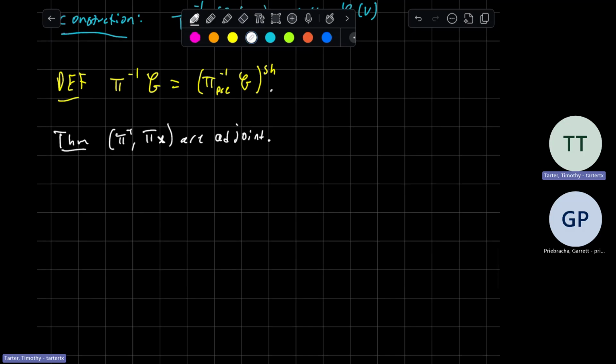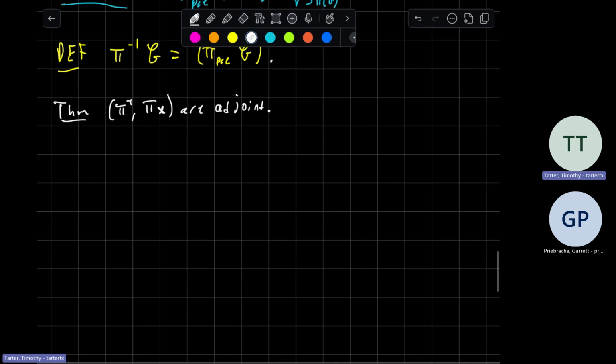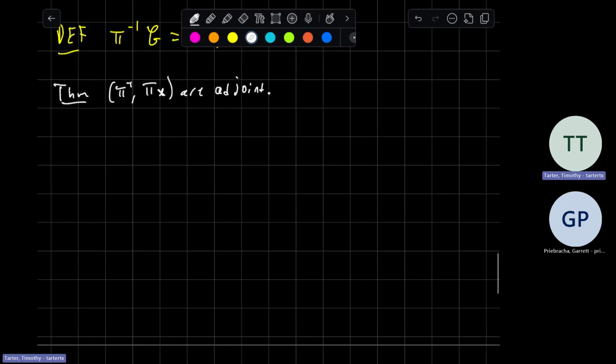And this is where I really want to skip it, because showing that things are adjoint pairs takes forever. That is, there's a bijection.